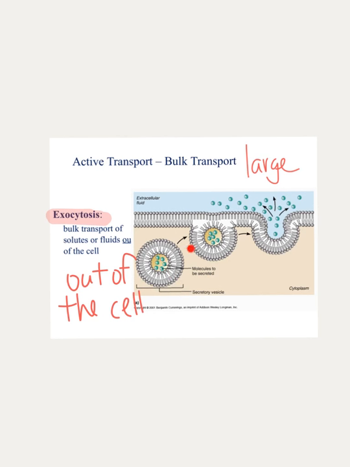So what they do is they get themselves close to the cell membrane here, and you can see they kind of interact with each other, they almost combine. And then it becomes one large cell membrane, and once it connects with it, then it can release all of these solutes out into the extracellular fluid. So the extracellular fluid is just the outside. So this is outside of the cell, and this is inside the cell.